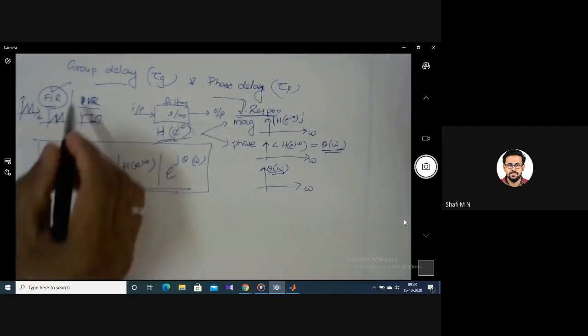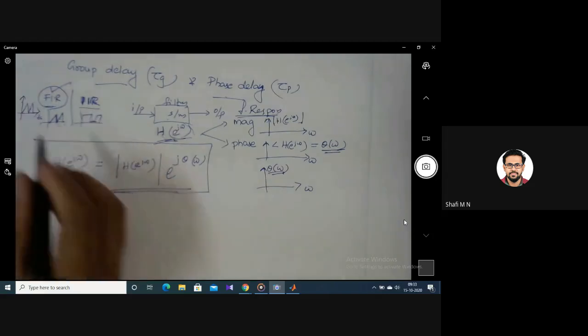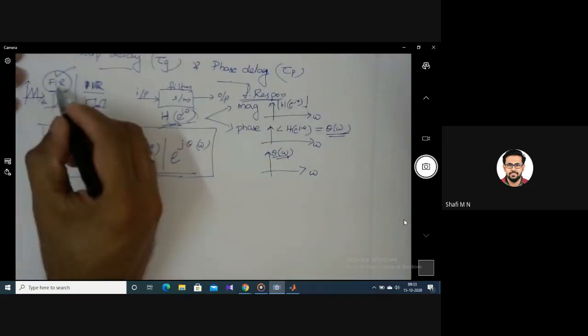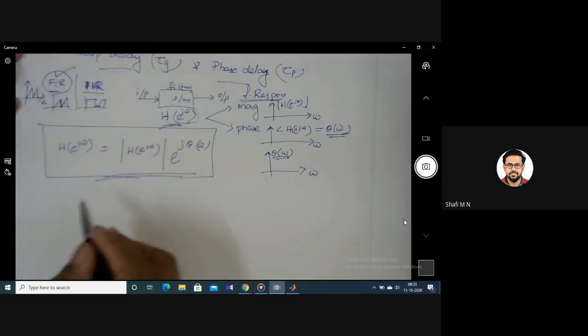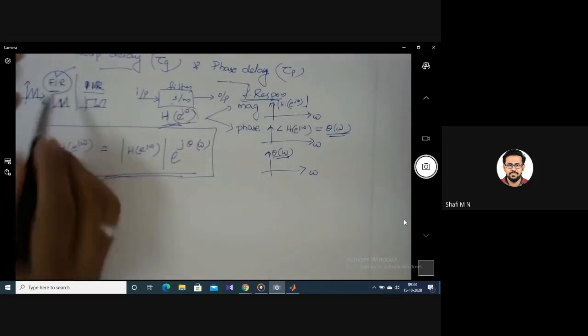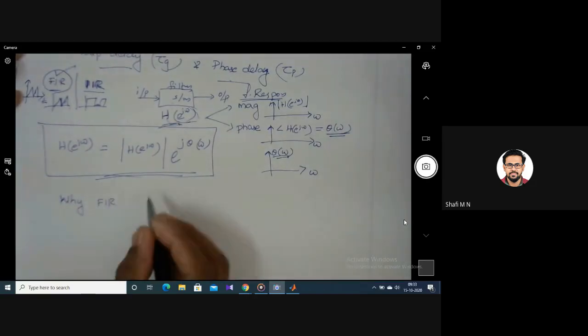For the time being, keep this in mind: FIR can retain the shape. Okay. So that is the peculiarity of the FIR filter. The investigation goes like that. So the question is why it is able to retain the shape. This can be asked to you in some interview also.